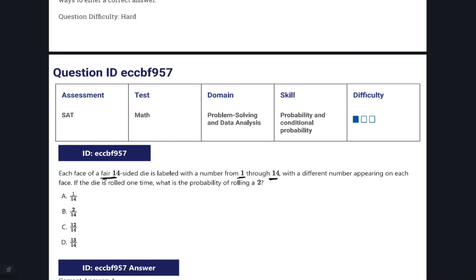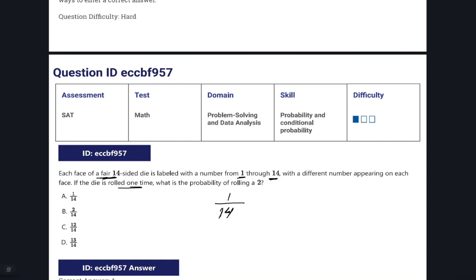He said that it's a fair die, so since it's rolled only one time, the probability of rolling 2 is 1 out of the total outcomes.